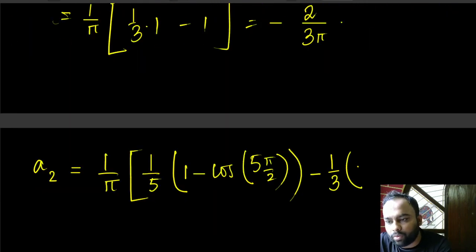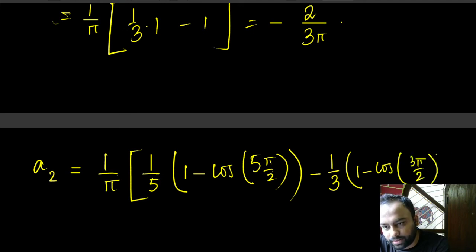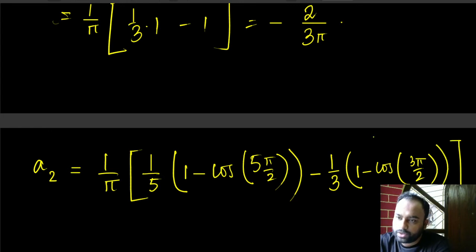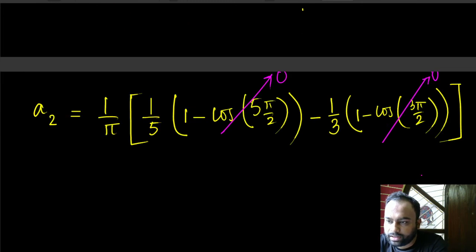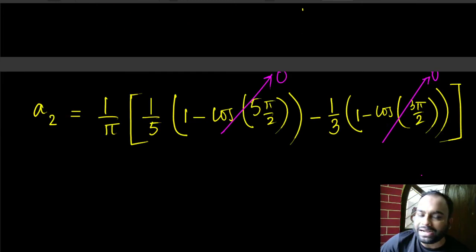And this is going to be 1 minus cos 3 pi by 2, right? So again and again we see that this is going to be 0. This is also going to be 0, right? Because these are all odd multiples of pi by 2.